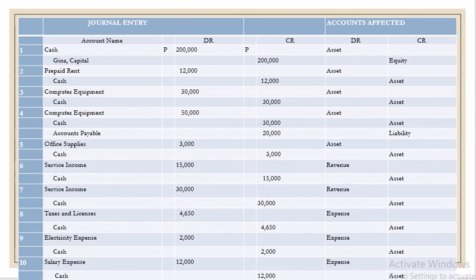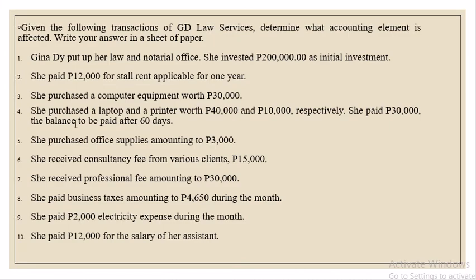Okay, next, number 4. She purchased a laptop and a printer worth 40,000 and 10,000 respectively. She paid 30,000, the balance to be paid after 60 days. So, ano ba yung balance? She paid 30,000. So, 40 plus 10. 40,000 plus 10 is 50,000. So, ang balance niya ay, nabayad siya ng 30,000.